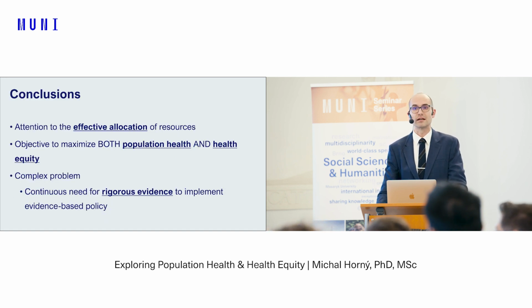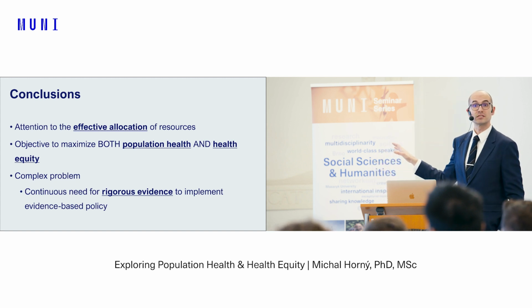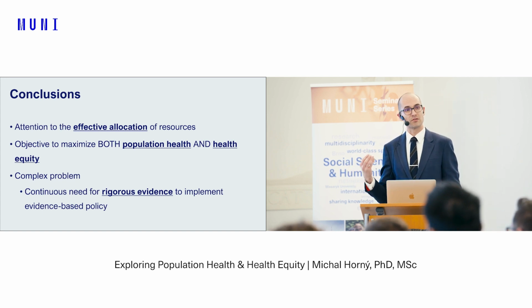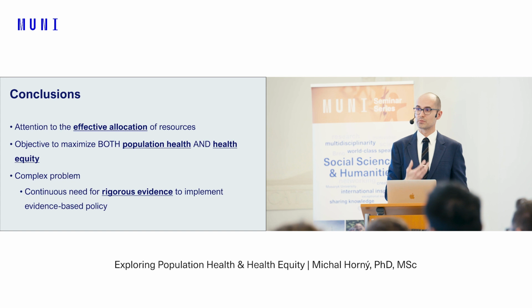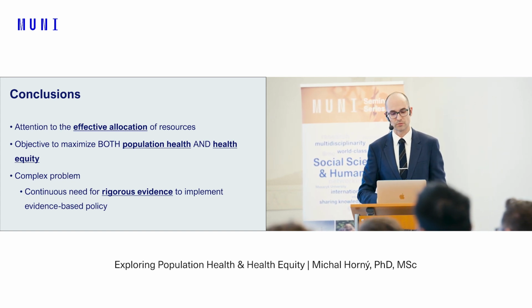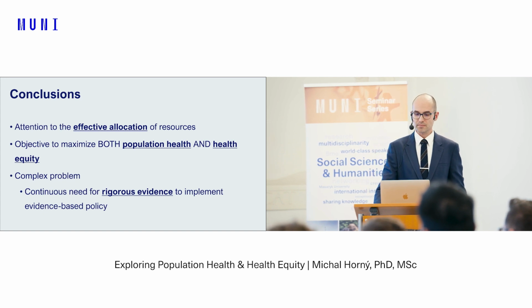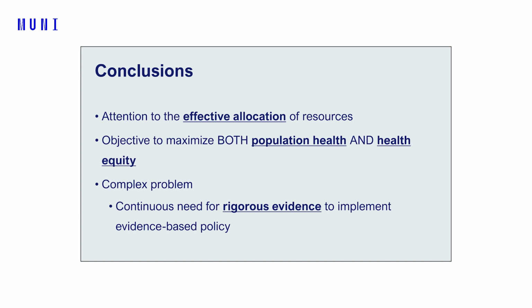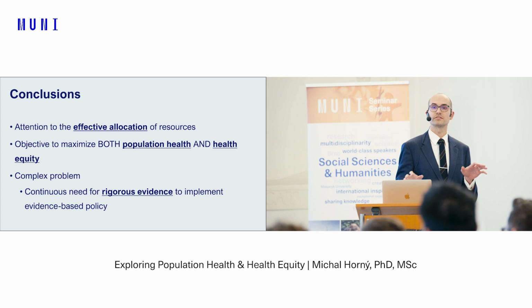So with this, let me quickly conclude. Health economists focus on effective allocation of resources. That is all we do. It's not always about prices and costs, but those are important quantities that we typically use as proxies to measure effectiveness. The objective needs to be to maximize both population health and health equity, even though there are trade-offs.